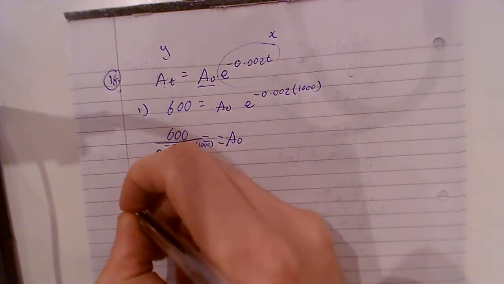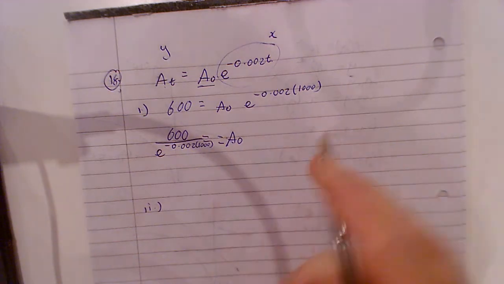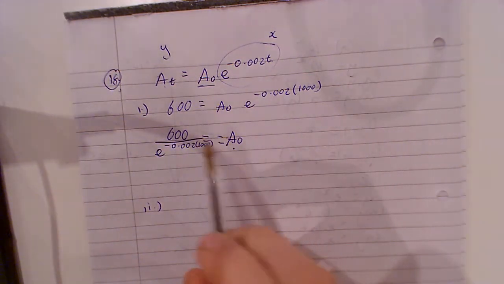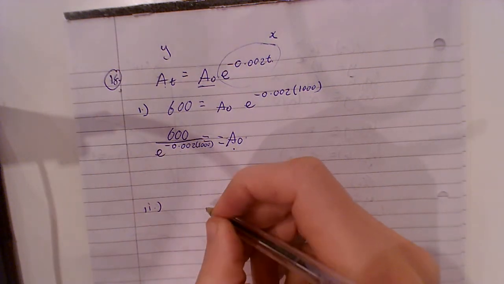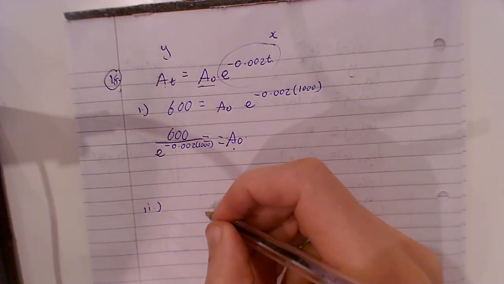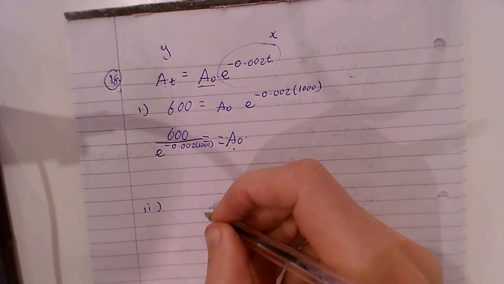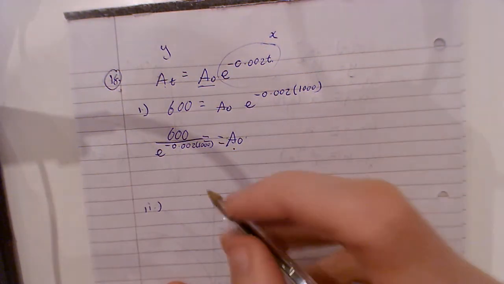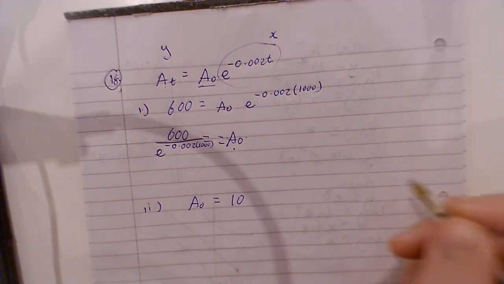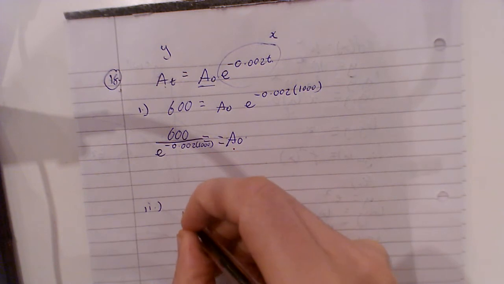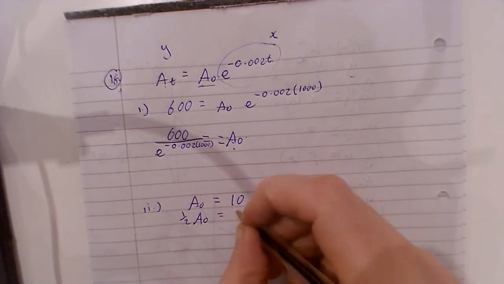Part 2. Now I'm not going to give you the exact answer here because I don't have my calculator on me. The half-life of a substance is the time taken for the amount to decrease to half of its initial amount. Let's say A0, just for the sake of it, is 10, so half of A0, the initial amount, will be 5.